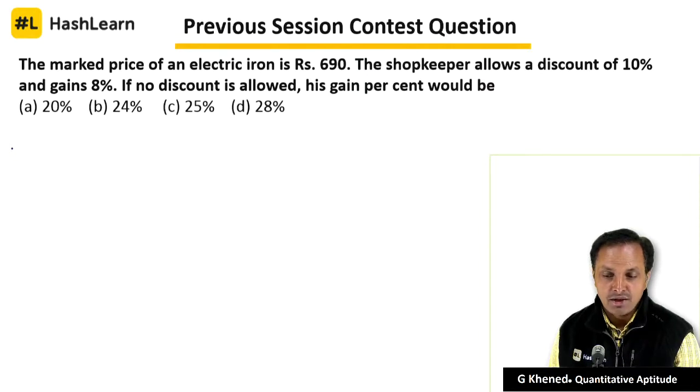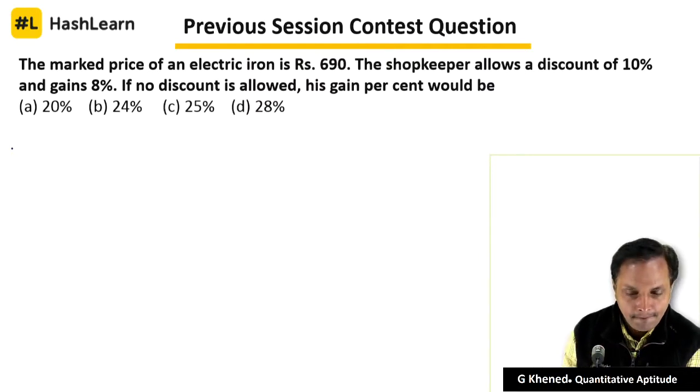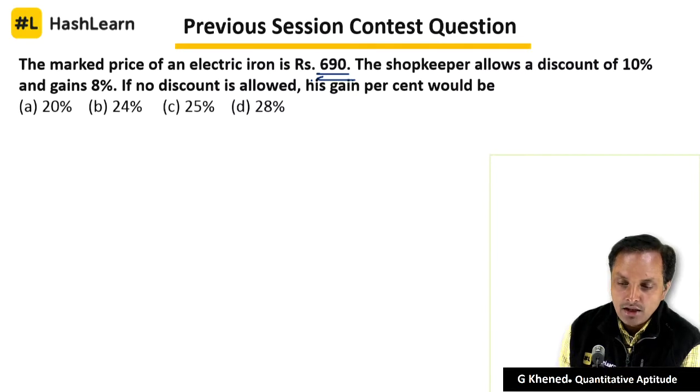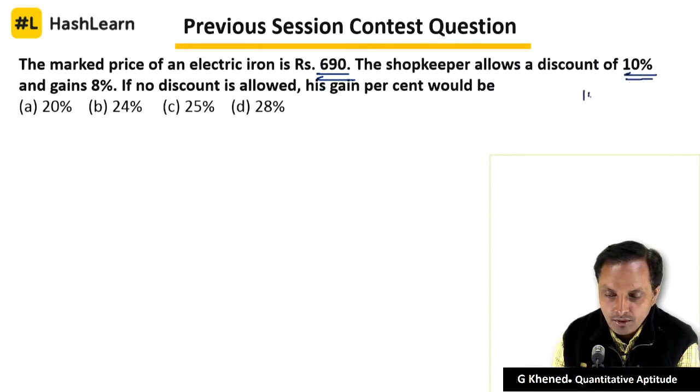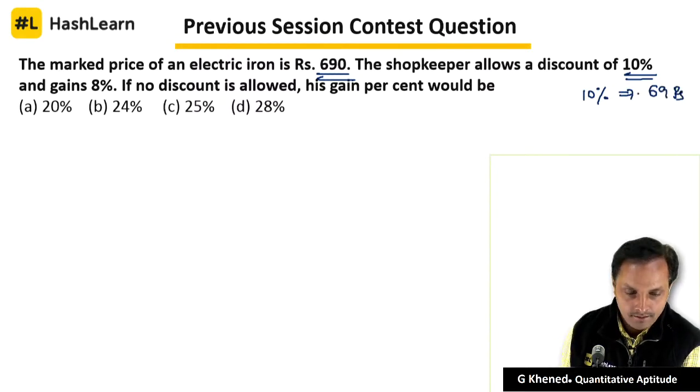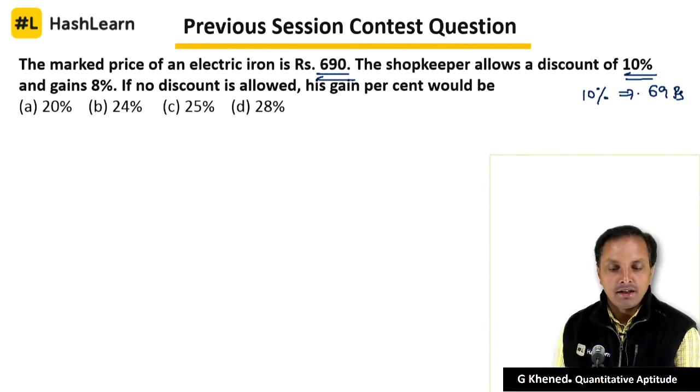The shopkeeper allows a discount of 10% and gains 8%. If no discount is allowed, his gain percent would be how much? 690, that is the marked price, allows a discount of 10% means 10% will give you 69 rupees.